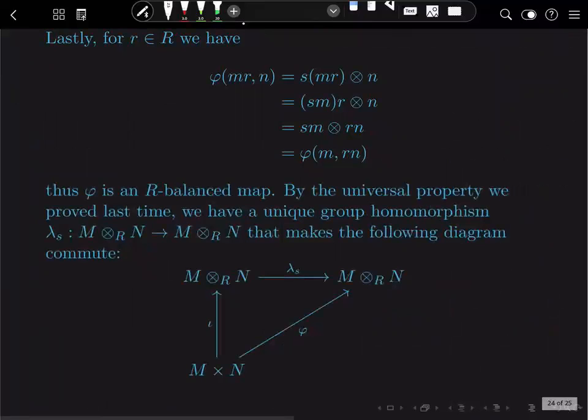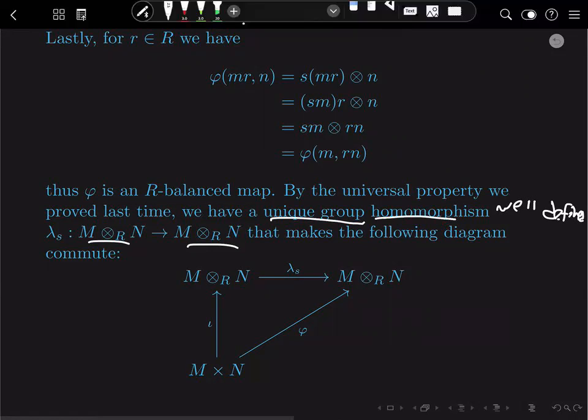So we see that phi is R-balanced, and by the universal property that we proved last time, and I restated in the beginning of this video, there's a unique group homomorphism, lambda sub s, from the tensor product to itself that makes the following diagram commute. So the important part here is that this is a unique group homomorphism, but it's also well defined, and this shows that the action is well defined.